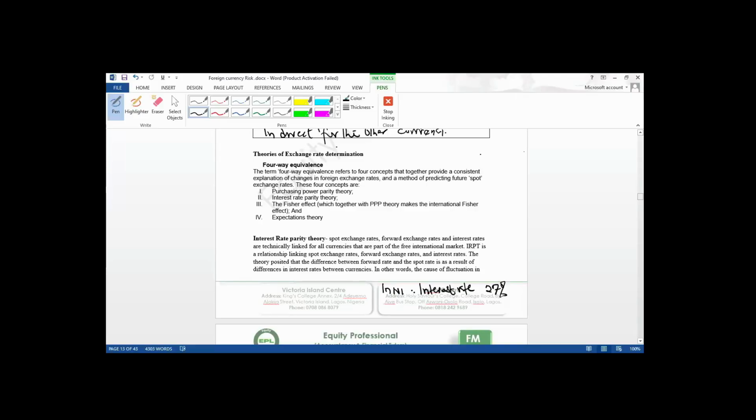After all, both are just one note. The theory of exchange rate determination will explain reasons why currency values are not the same. Some currencies are weaker, while some are stronger. Why?